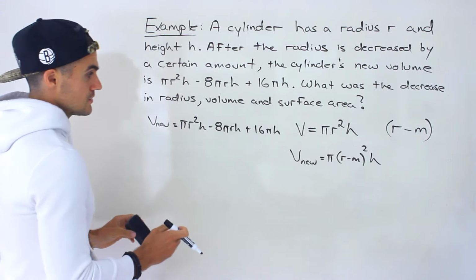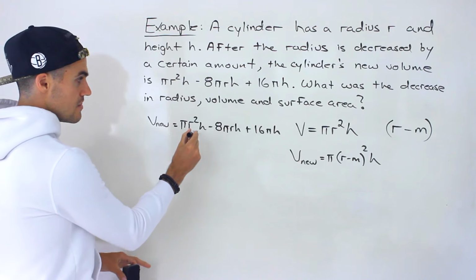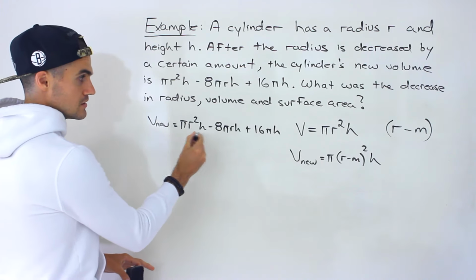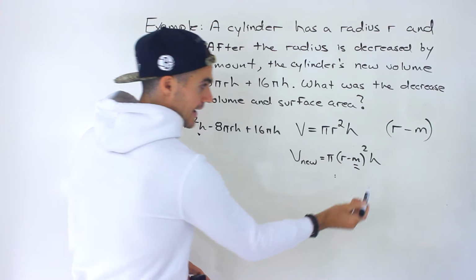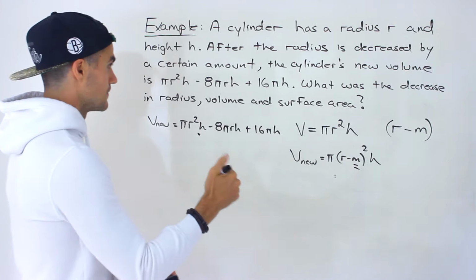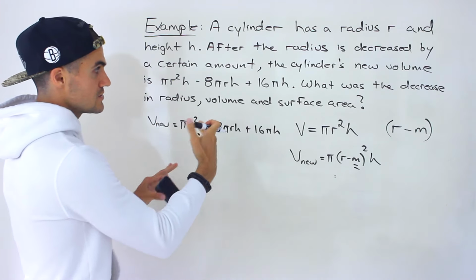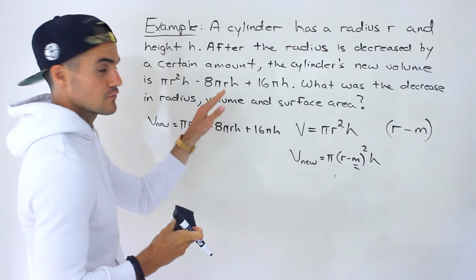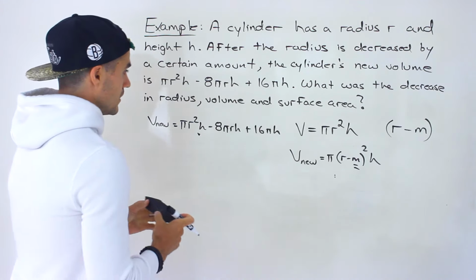So what we can do is see if we can take this expression, put it in this kind of format, and then hopefully get that m value. Then we could tell what the radius decreased by. And then once we know what the radius decreased by, it will be easier to find expressions for the decrease in volume and the decrease in surface area.